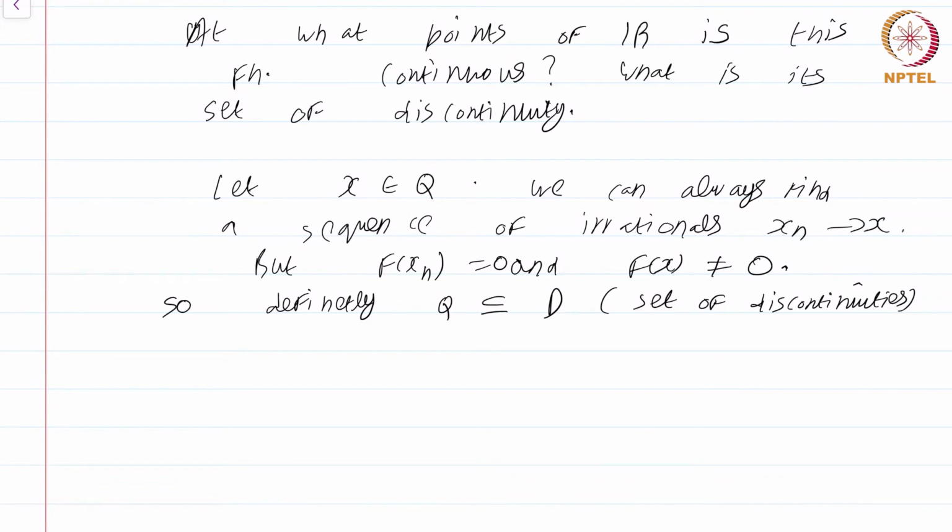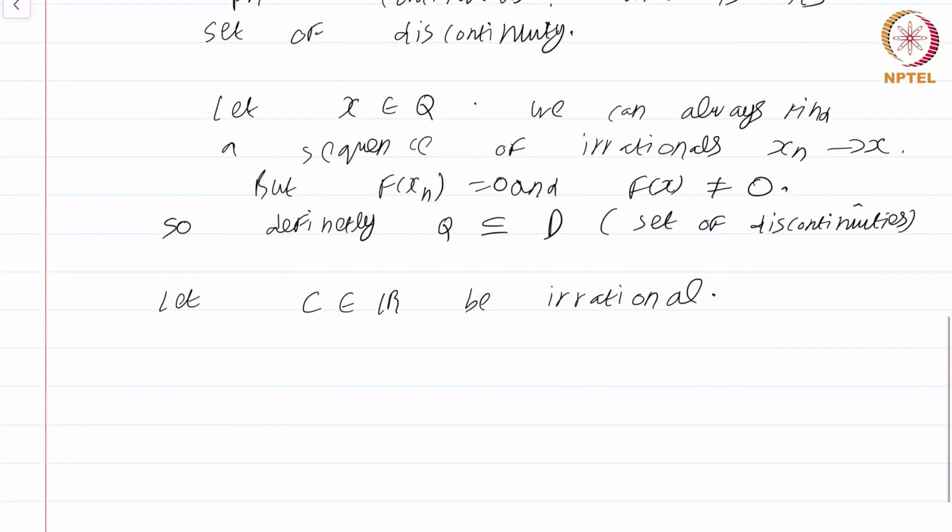Okay, what about an irrational number? Here is where a fun thing happens. Let c belonging to R be irrational. Now observe what happens.